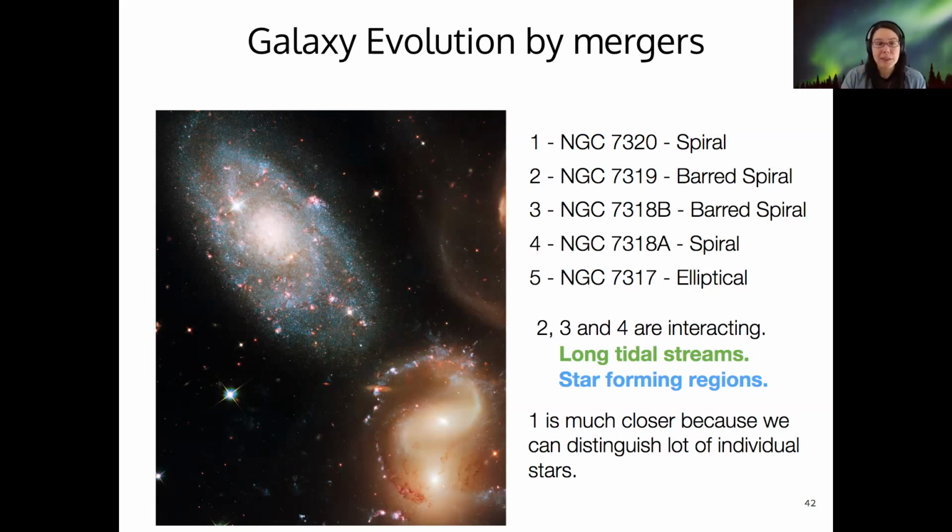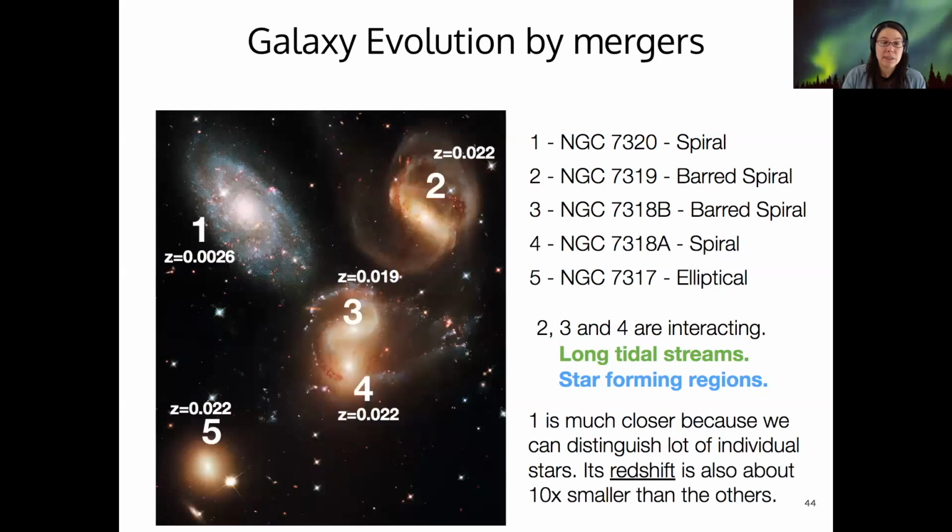It just happens to be a spiral much closer to us. And we can corroborate that idea by looking at the redshifts of all the different galaxies. These galaxies 2, 3, 4, and 5 are all part of the same cluster. They're all at about the same redshift, but galaxy 1 is much closer. It has a small redshift compared to the others.